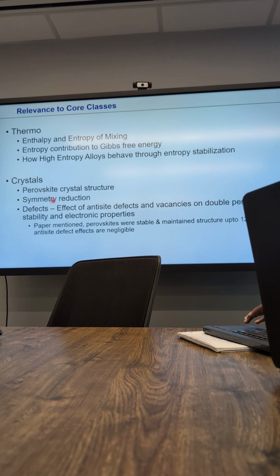In terms of crystals, stuff can be asked about the perovskite crystal structure in general, and the symmetry reduction, how it affects things. I don't know what kind of calculation question can be asked about this, but I think it would be mostly written theory, like how does this symmetry reduction affect things, and if it was another system we studied in class, how could it be affected?